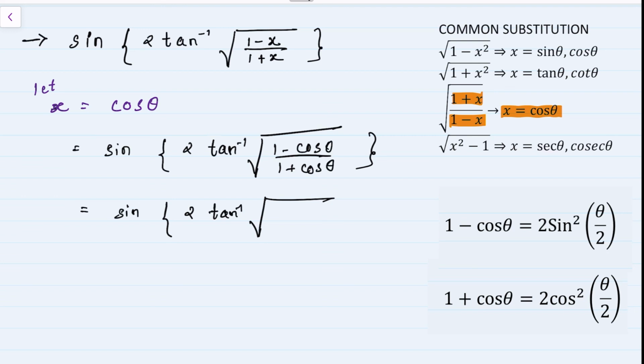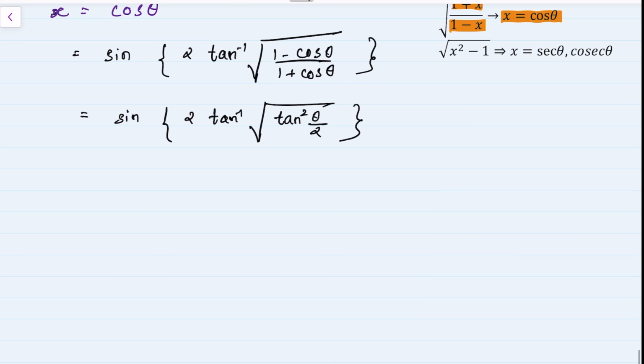So we'll write root of 2 sin square theta by 2 and 2 cos square theta by 2. 2 gets cancelled, and finally we are left with root of tan square theta by 2. Now sine of, we'll get 2 tan inverse of root of tan square becomes tan, so we are left with tan inverse of tan theta by 2.